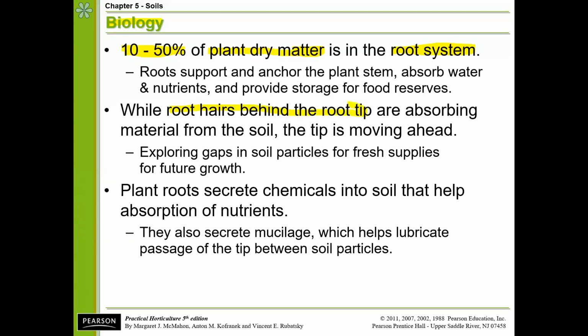And those are absorbing the material from the soil, not just the nutrients in the water, but also the carbon and the hydrogen, the oxygen, the components of the organic matter. So that's what's causing this fluctuation of the organic matter in the soil: plants' bodies themselves, if you look at plants' dry matter, are mostly carbon, hydrogen, and oxygen.